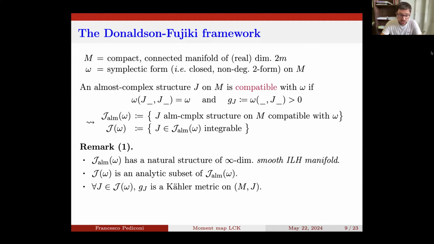And for any J inside the space J_omega, the corresponding Riemannian metric is not only Riemannian, but it is going to be a Kähler metric. Okay, so varying J inside this space of complex structures is in a sense the same as varying the Kähler metric while keeping its fundamental two-form fixed.